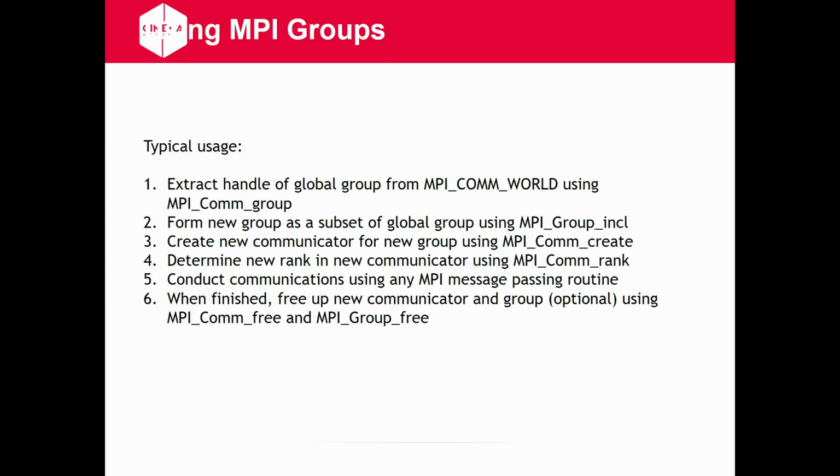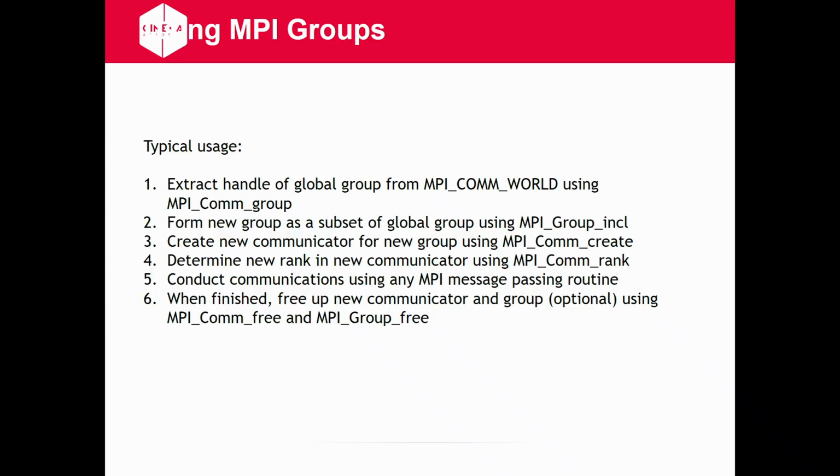First of all, you can create a group using the command MPI_Comm_group. Inside the MPI_Comm_group command, you have to declare the first communicator that you have, that is MPI_COMM_WORLD.